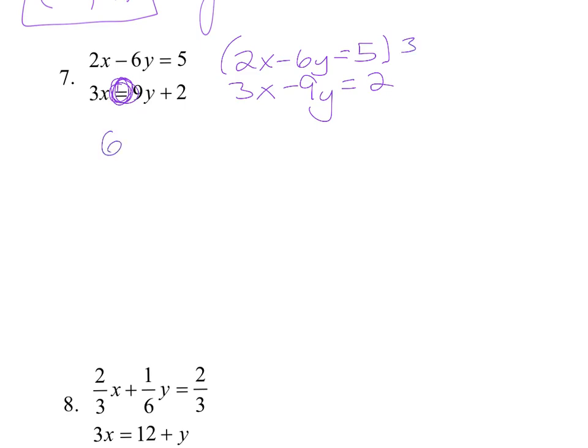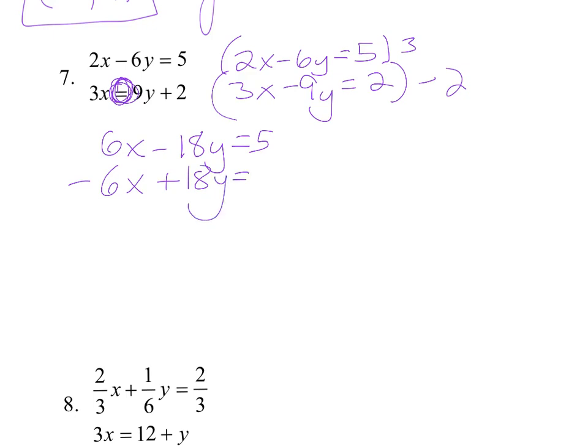I get 6x minus 18y equals 5. Multiply the second equation by a negative 2. I get a negative 6x plus 18y equals negative 4.